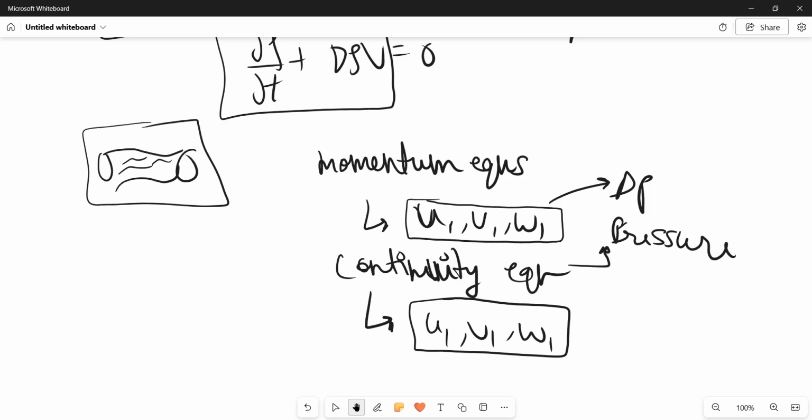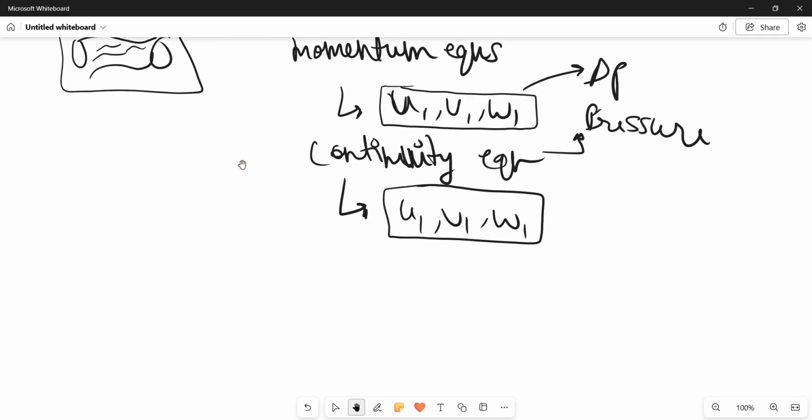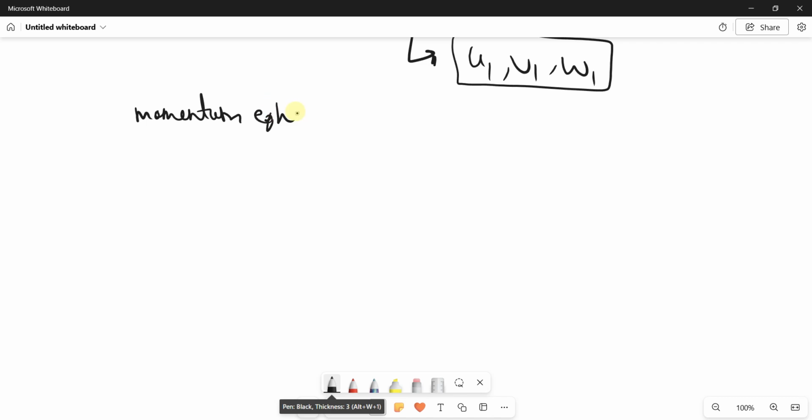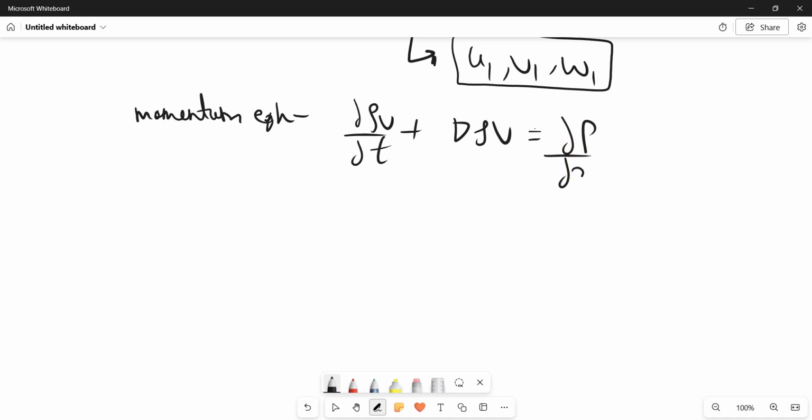I'll just explain again why we need the coupling. Let's take the momentum equation: dou rho v by dt plus del rho v equals minus dou p by dx plus some source term plus any such term, okay, the diffusion term.